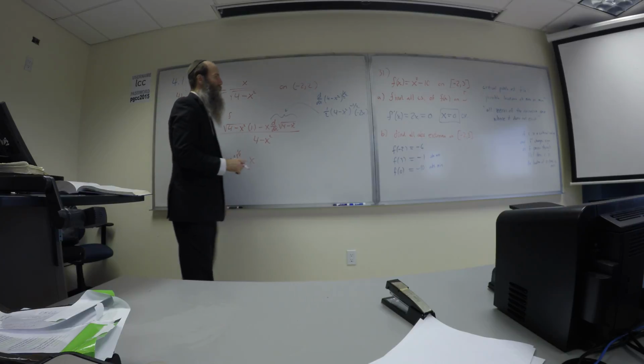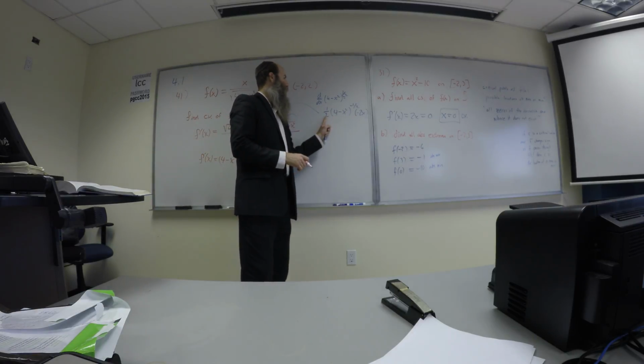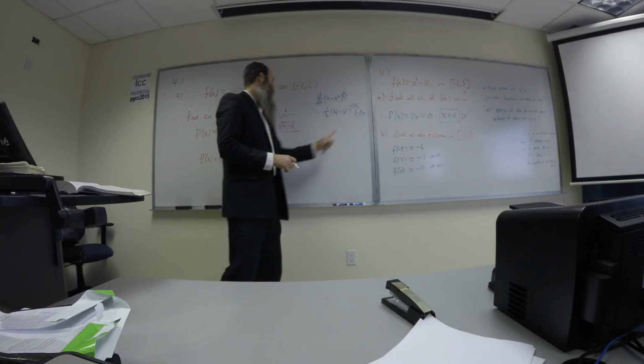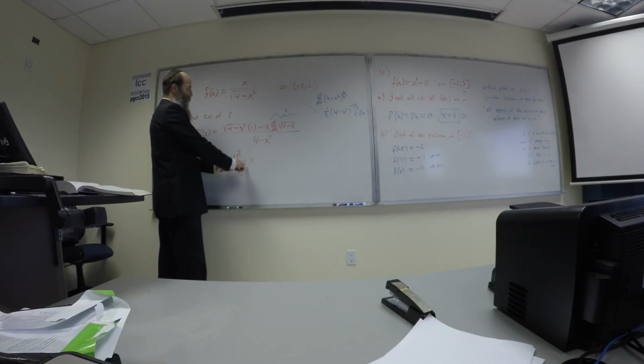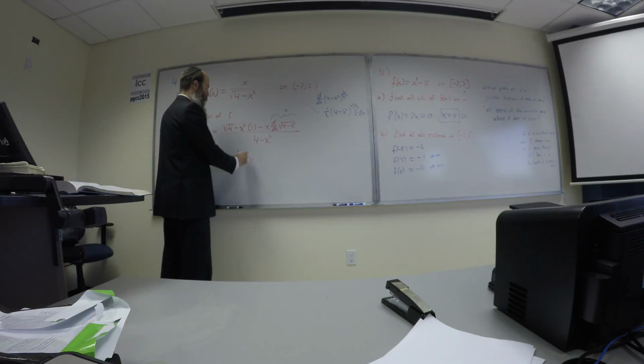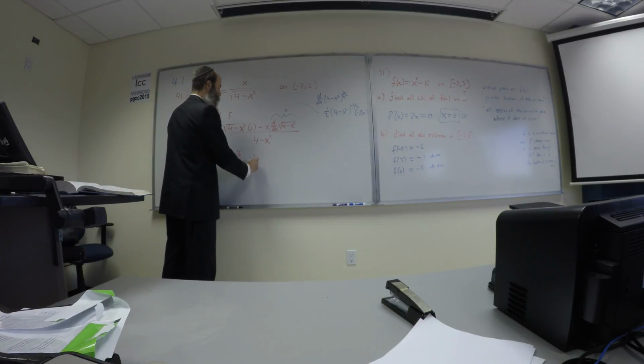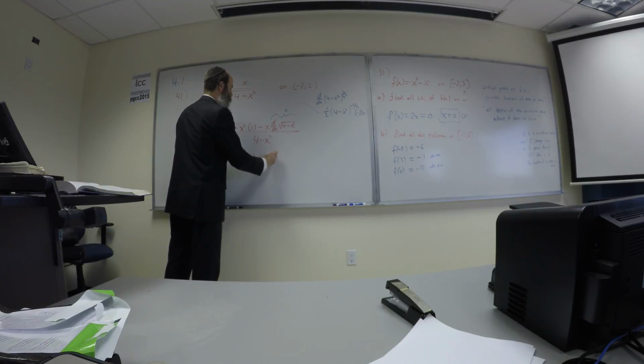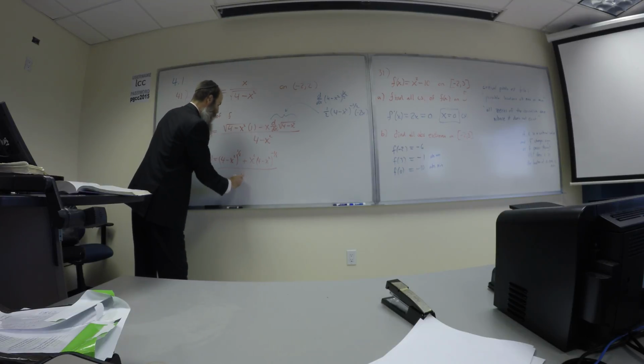Let's see what we have: the -2 and the 2 cancel, giving us a negative. There's an x here and an x here, and another negative here. So we're going to have positive x squared, 4 minus x squared to the -1/2, over the 4 minus x squared down there. Is that right?